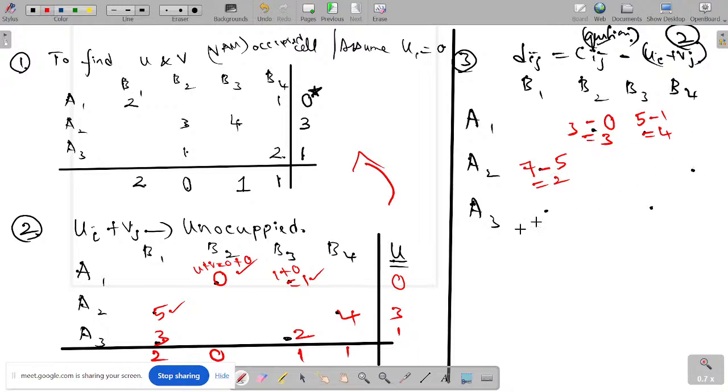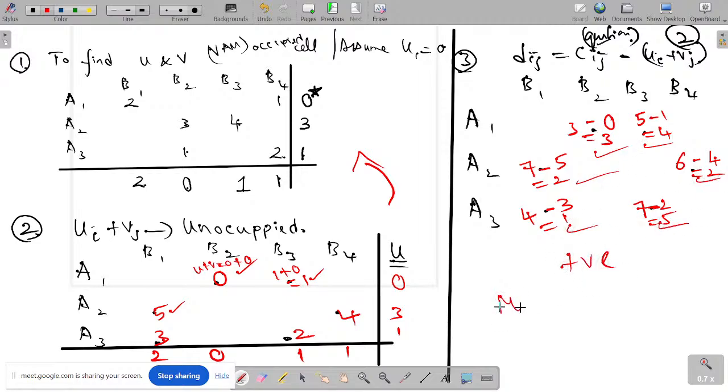Then A2 to B4, from the question it is 6 minus the value we found from the earlier table, 4, which is 2. Yes, positive, no problem. A3 to B1 is 4 from the question, and from the earlier table it is 3, so it's positive 1, no problem. Then for B3, from the question table it's 7 minus 2, positive, no problem. Yes, all values are positive, so optimality is reached.